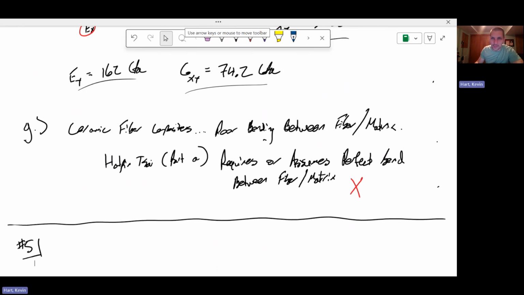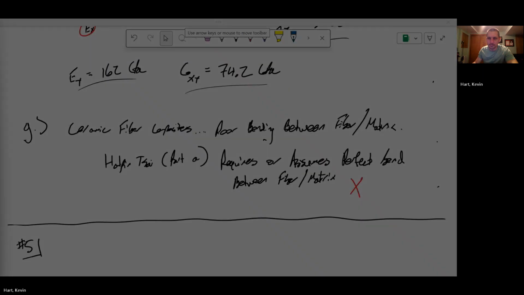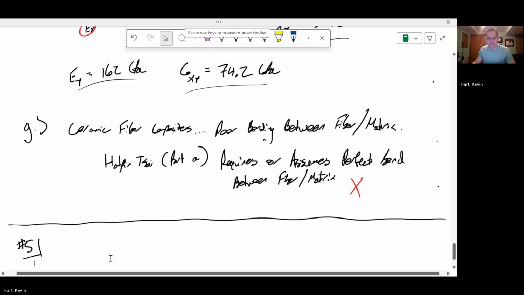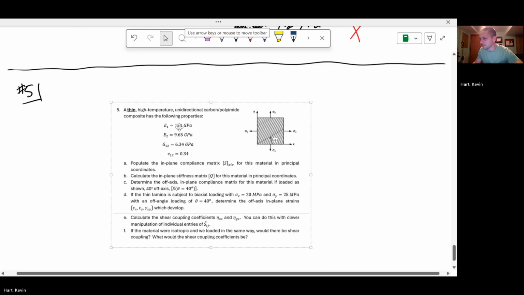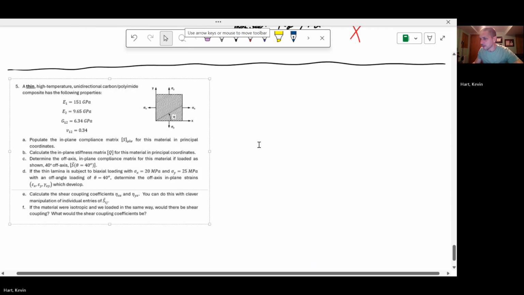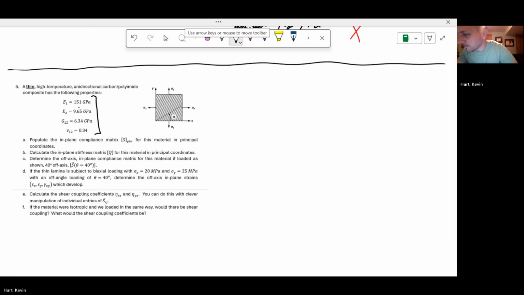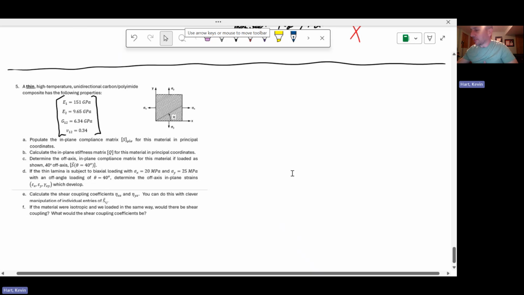But okay, let's go. Let's do number 5. I'll bring it in here, and then we can go through the solution. Okay. A thin, high temperature unidirectional composite has the following properties. We'll go through this quickly. Populate the compliance matrix.